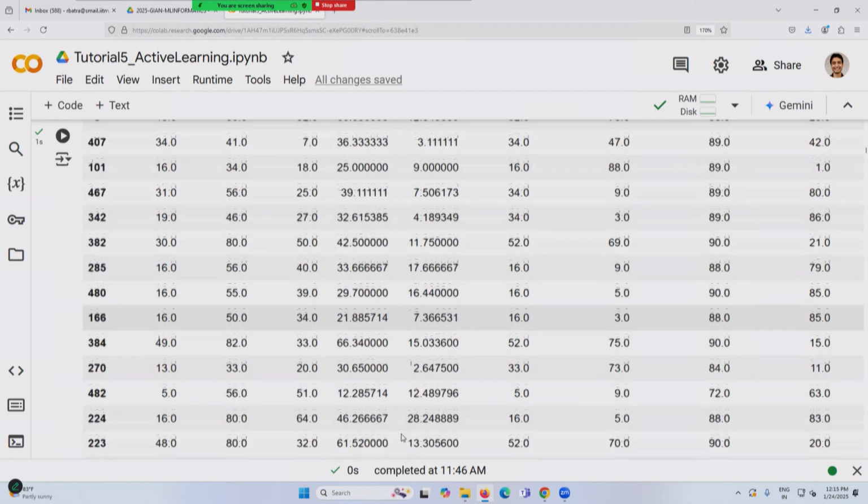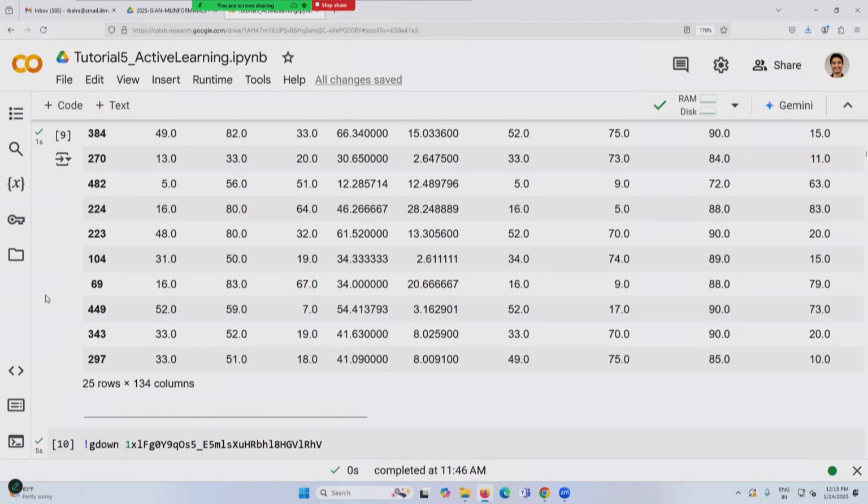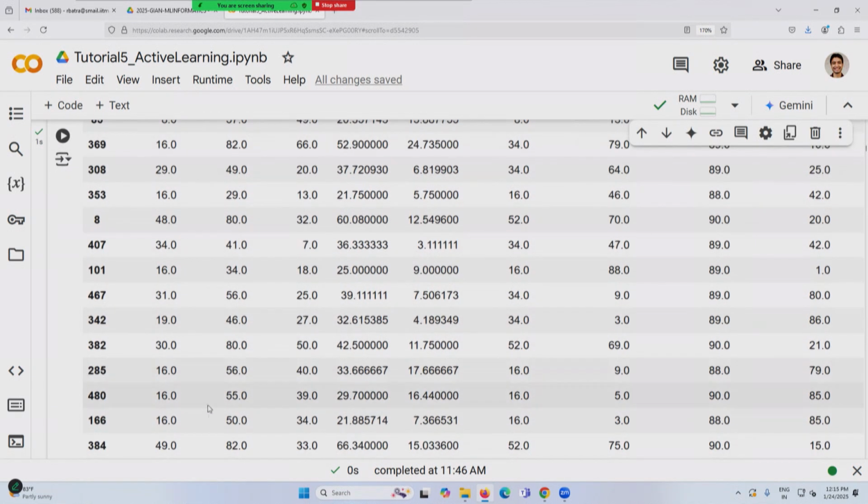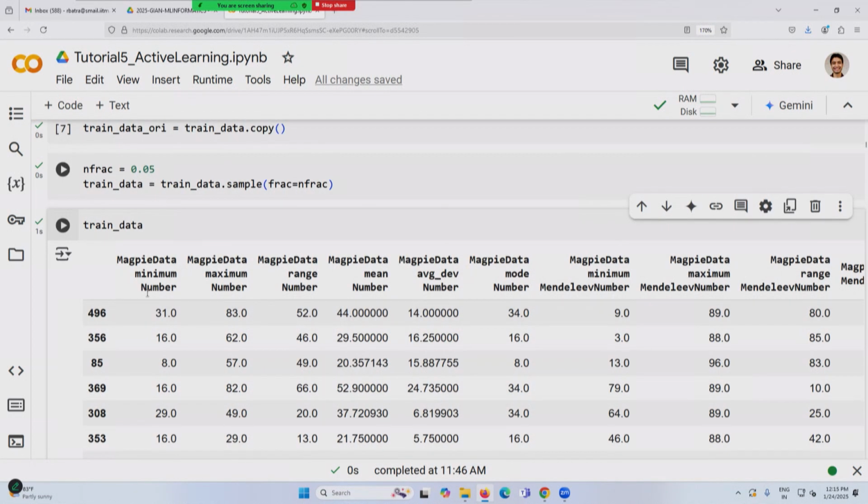Let's see, I want to scroll. Okay, so this is MagPie data, minimum number. I think this may be atomic number. So minimum atomic number, maximum atomic number, range, mode. So all types of statistics, right?